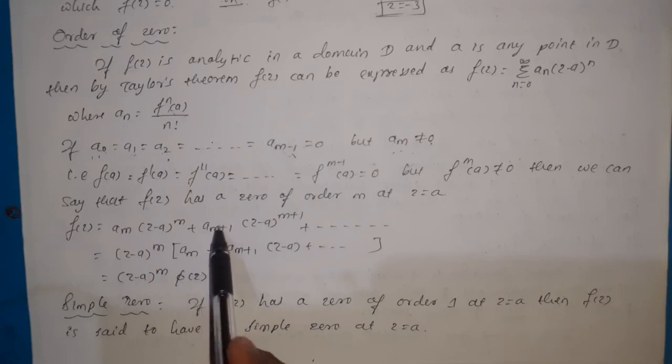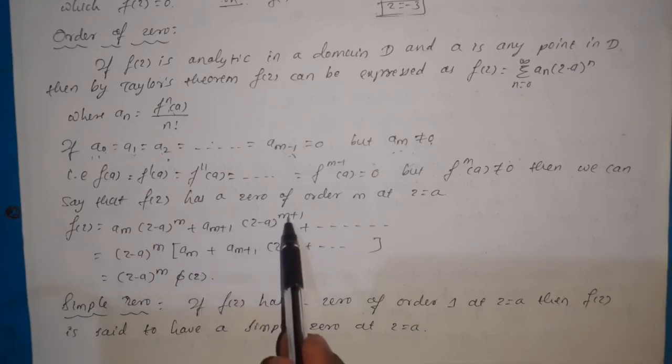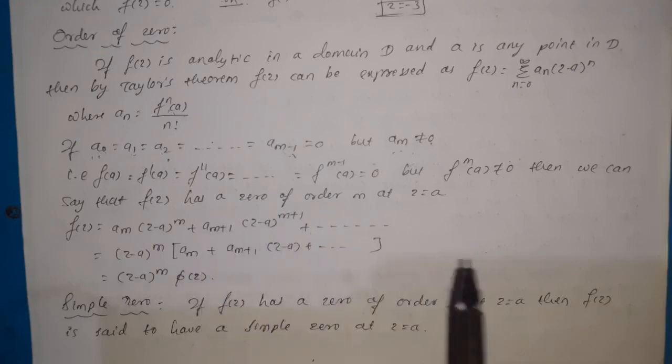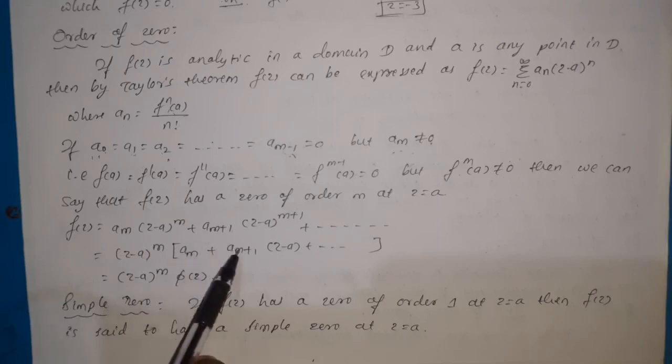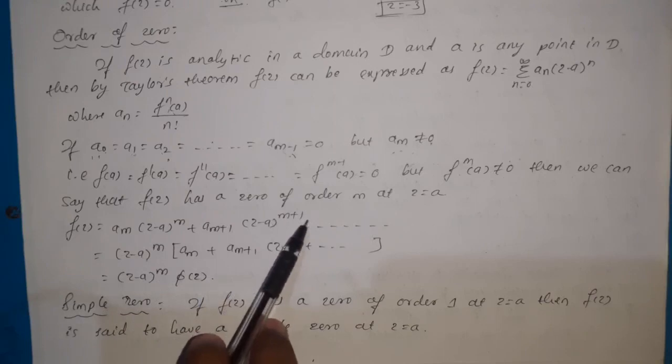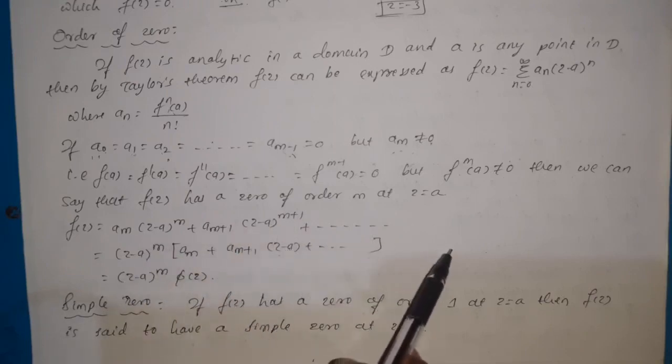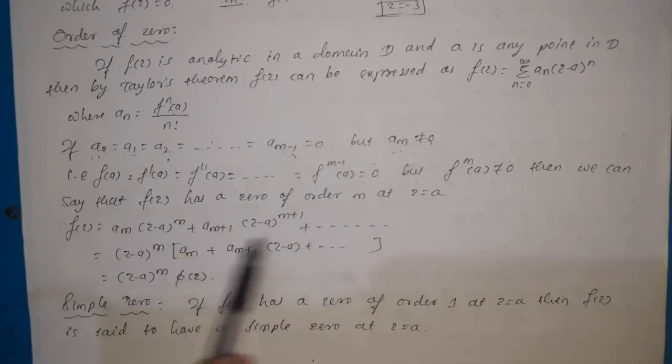Then a_(m plus 1) (z minus a) whole power m plus 1 and so on up to infinity. Now we can take (z minus a) whole power m common, remaining a_(m plus 1) into (z minus a), because in this m plus 1 we have taken m outside, then remaining 1, and so on up to infinity. This is a function of z into (z minus a) whole power m.